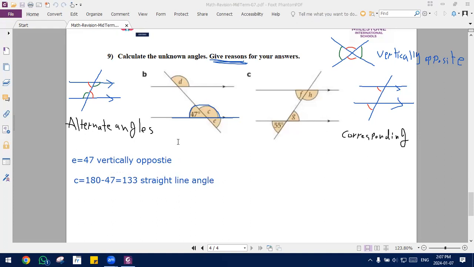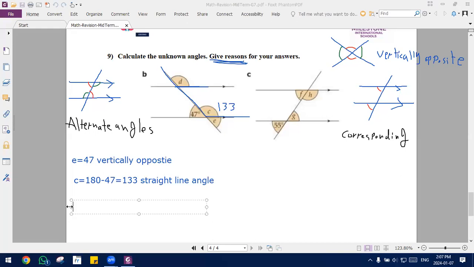Then we need to find D. Now, since C is equal to 133, I would say that D is also equal to 133. Why? Look, they are on the same side, on the right side, and it looks like an F shape upside down. So what do we call it?